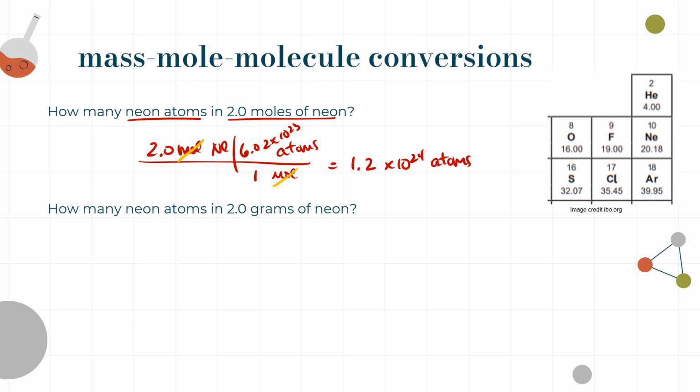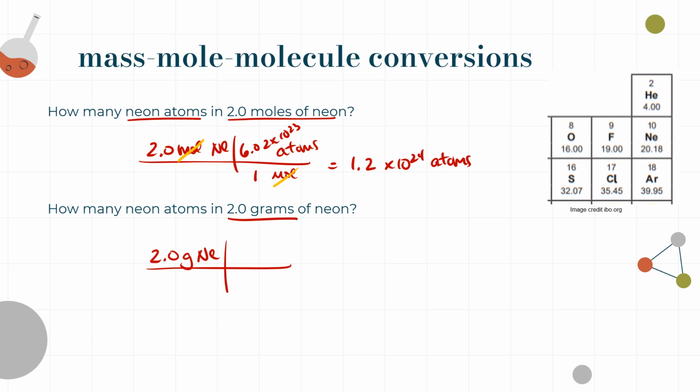But what if I switch up this problem just a little bit, and now I have 2 grams of neon instead of 2 moles of neon? We're still going to start with that given, 2 grams of neon. How many atoms in a gram? We have no idea. Our periodic table doesn't tell us that. We don't have a piece of the data booklet that tells us how many atoms in a gram of neon.